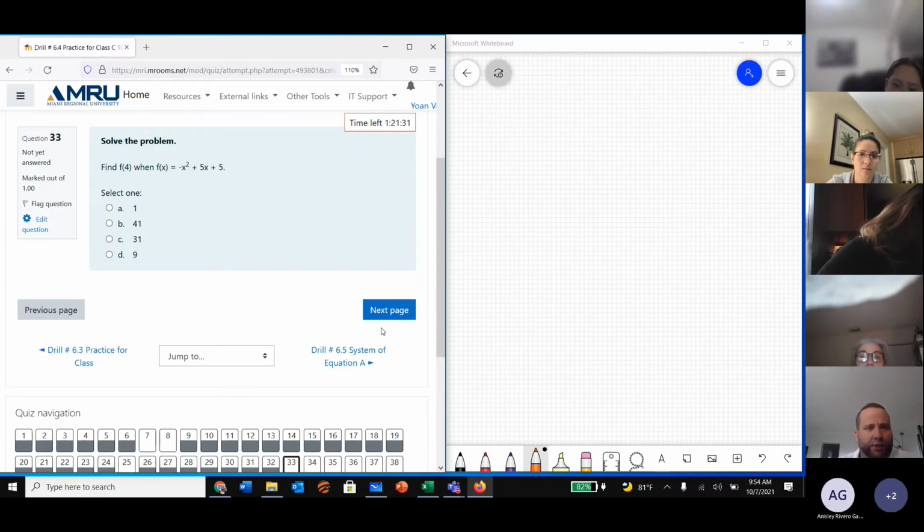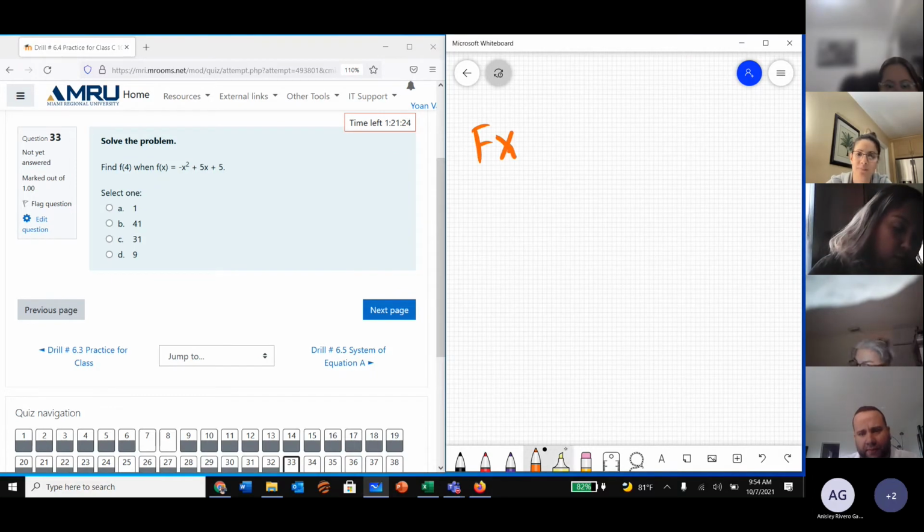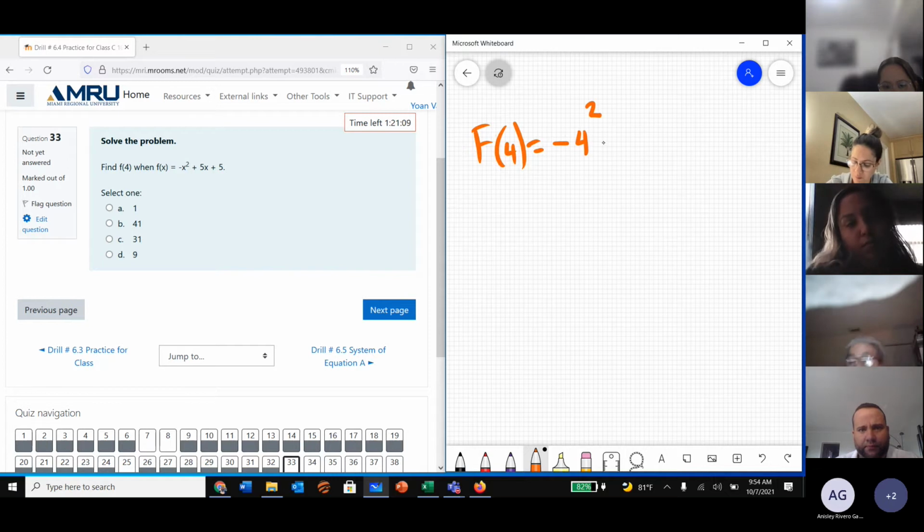In that case, question 32, we have a function, and then we need to plug in the value. We need to put the value of x, which is 4, and we need to evaluate this function at 4. Then we have negative 4 to the power of 2, plus 5 times 4, plus 4, plus 5.